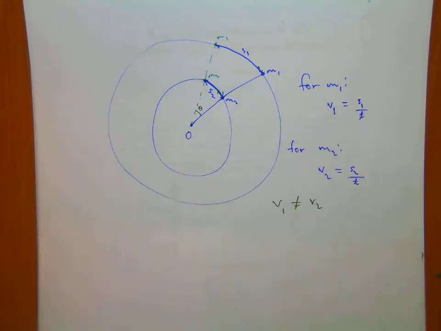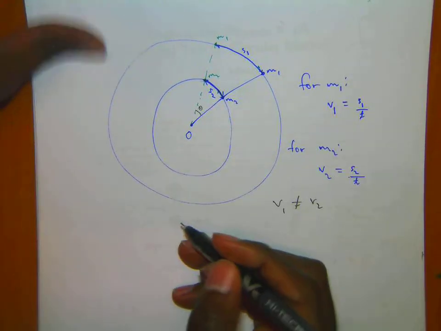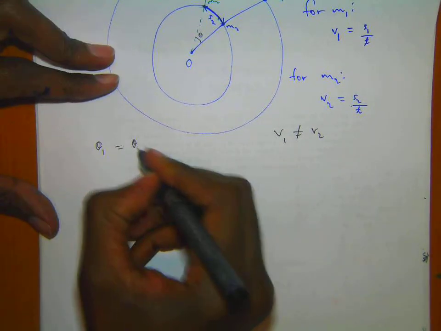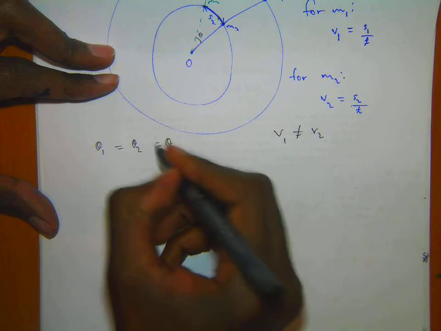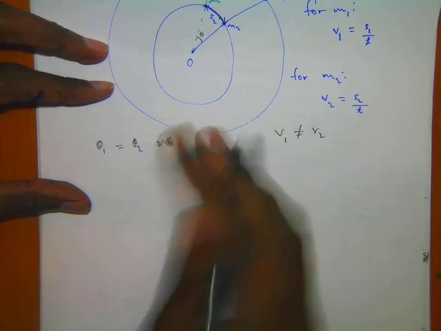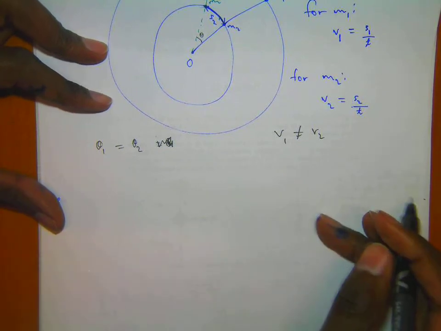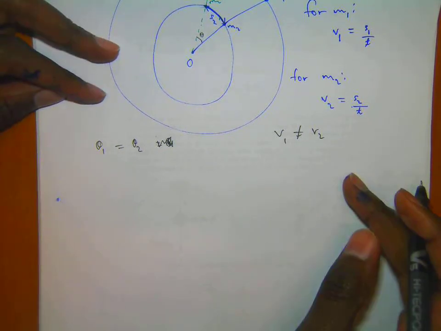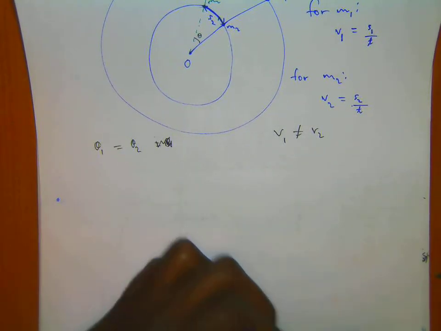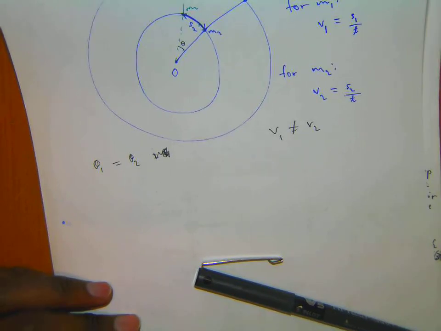So we can talk of the two angles, theta 1 and theta 2, and they are both just theta. Now, if one is faster than the other, so that linear speed.